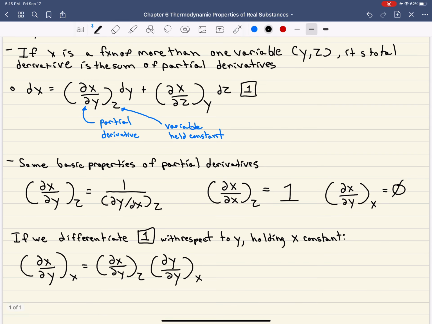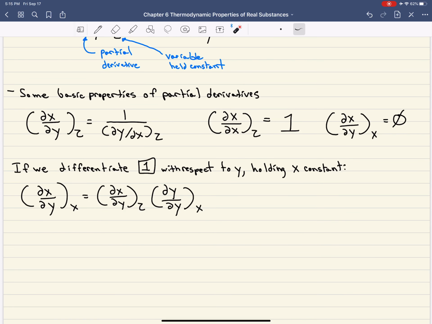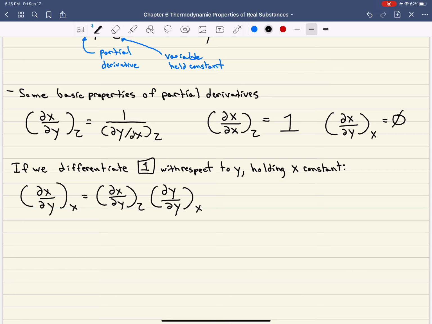And so essentially you could kind of think of it like we divided everything here by dy. Okay? Yep. So we have that, and then we have (∂x/∂z) at constant y times (∂z/∂y) at constant x. Okay? All right, so this is what equation 1 turns into if we take the derivative of it with respect to y while holding x constant.